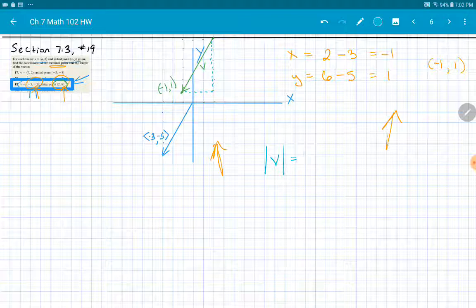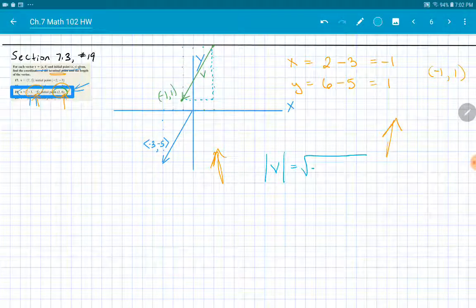That equals the square root of the horizontal component squared plus the vertical component squared. So that's the -3 squared plus -5 squared, which is 9 plus 25, which gives me the square root of 34. So that's my magnitude.